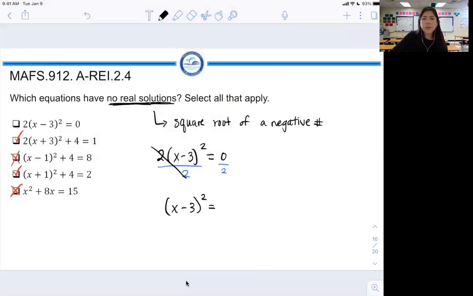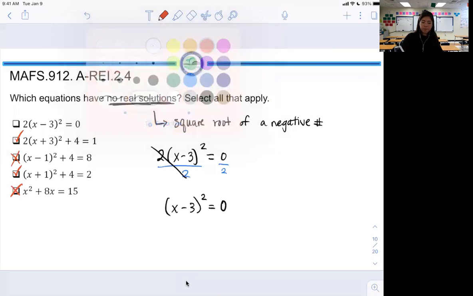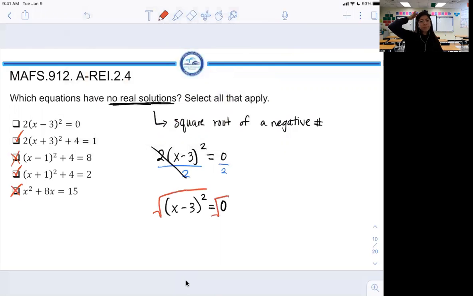What's 0 divided by 2? 0. Now I can take the square root. And how about here? Am I good to go or is there an issue? There's an issue. What's the issue? It's a 0. Can you take the square root of 0?